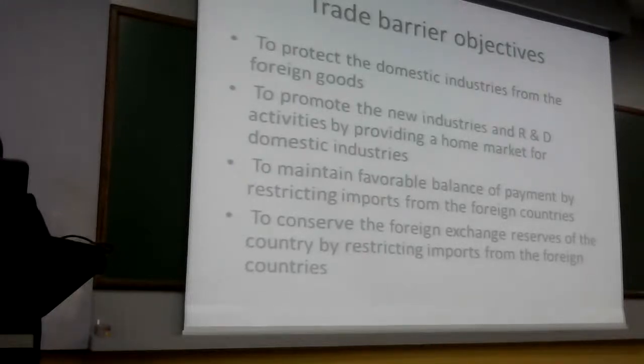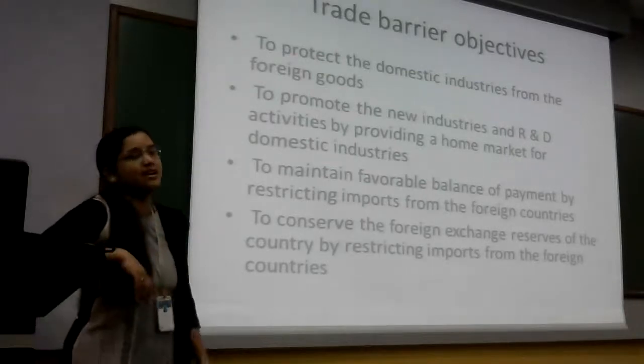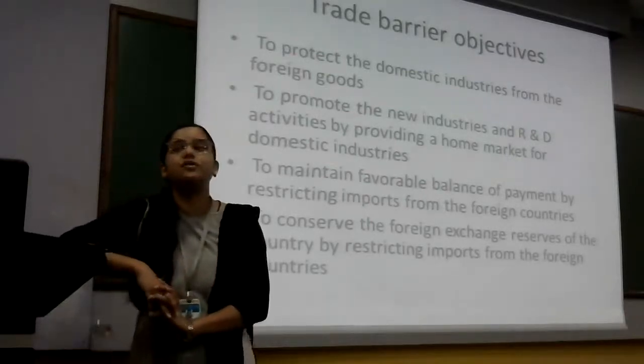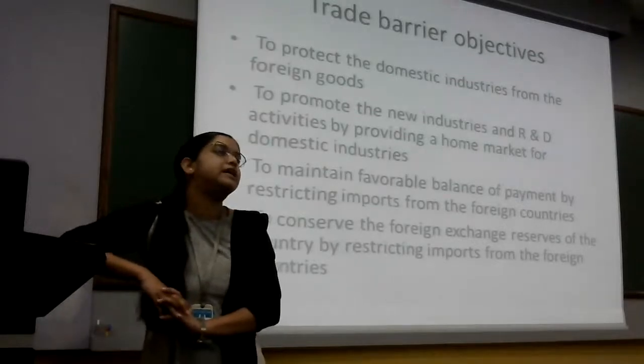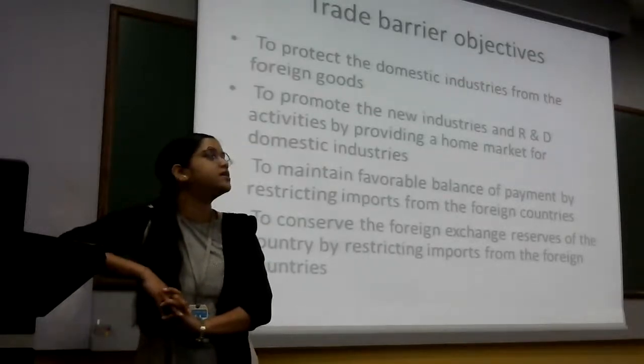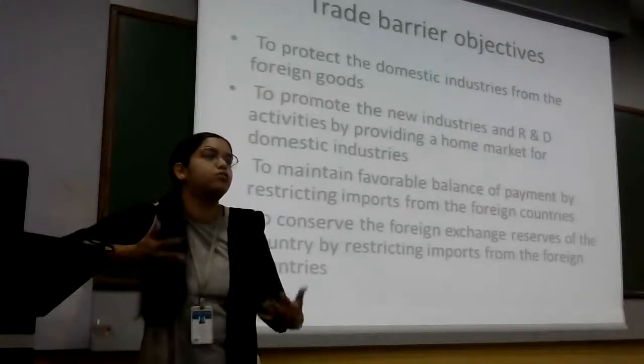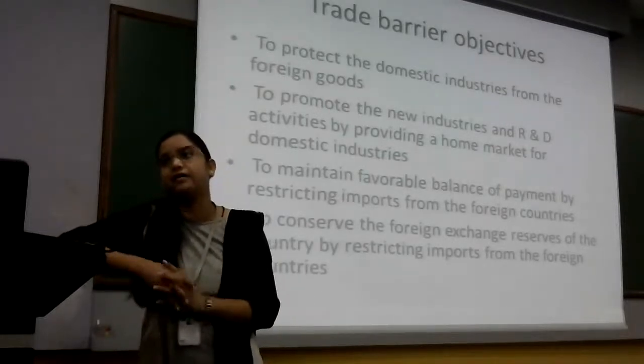Again, if you export more, the chances of currency devaluation are very high, right? In 2016, China devalued their currency, the yuan. Why did they devalue? Because they wanted other countries to import more and more from China, right?